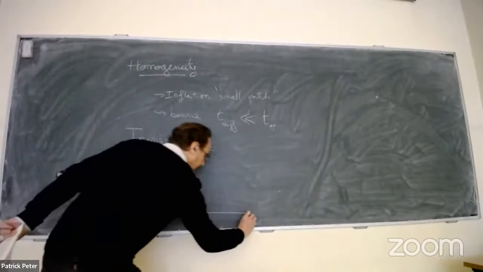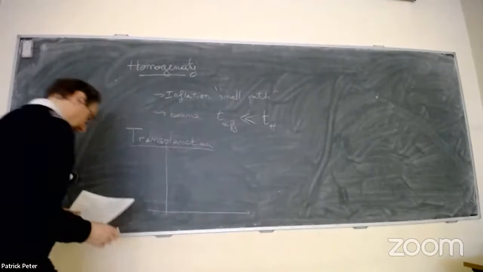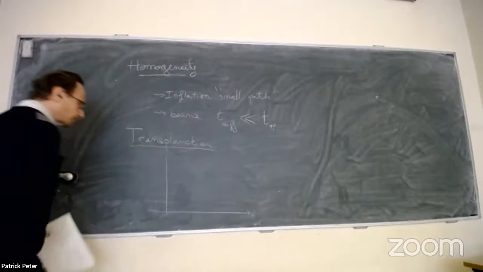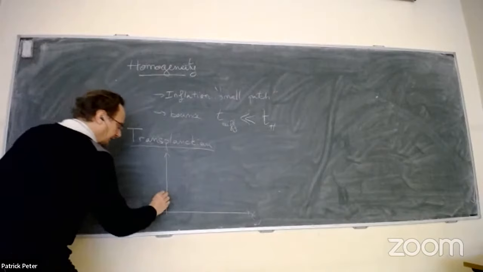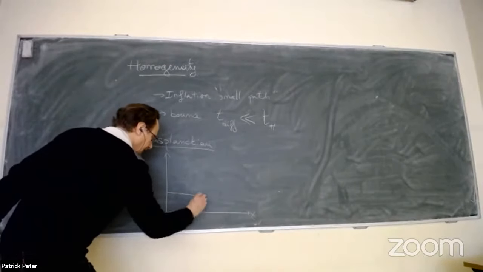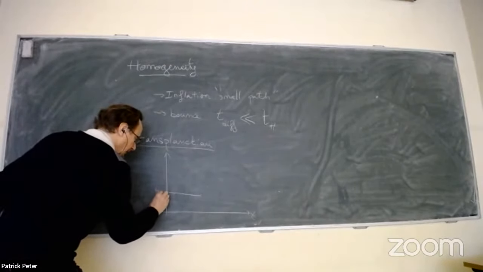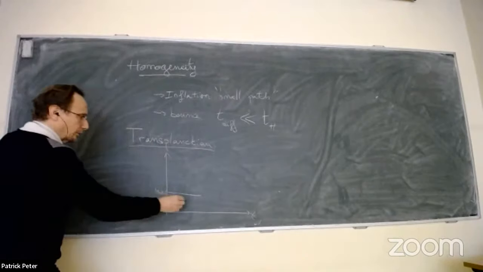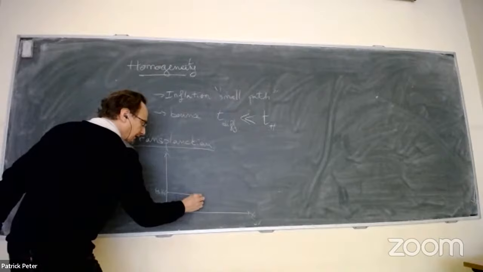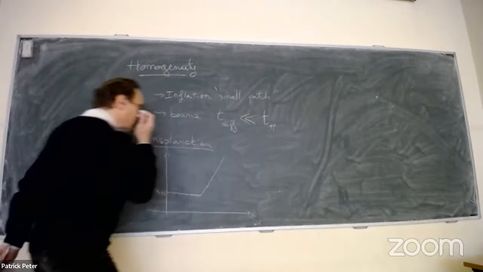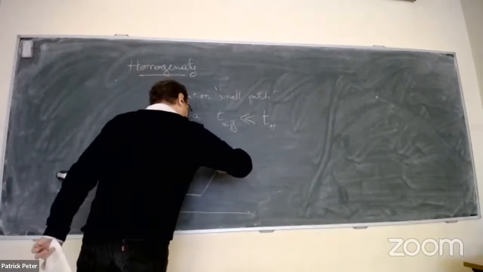The thing is the following. As a function of time, if you have a phase of inflation, you look at different scales, and the Hubble radius will be roughly constant during a phase of inflation. That's the definition of a phase of inflation. And then you transition to radiation, right?